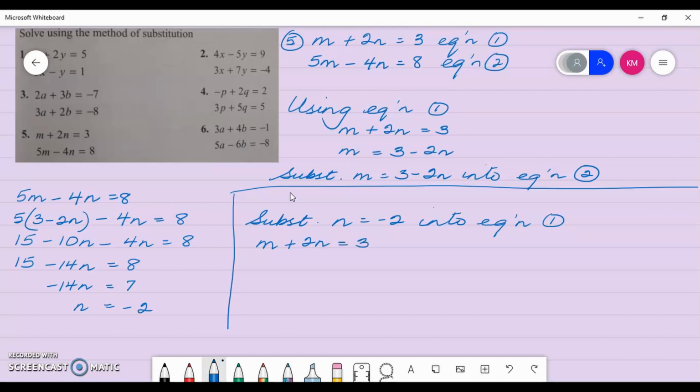So I'm going to substitute that value now. M plus 2 multiplied by negative 2 equals 3. That's m take away 4 equals 3. M is going to be 3 plus 4, which is 7. So there you have it, your values of n and m. N is negative 2 and m is 7.